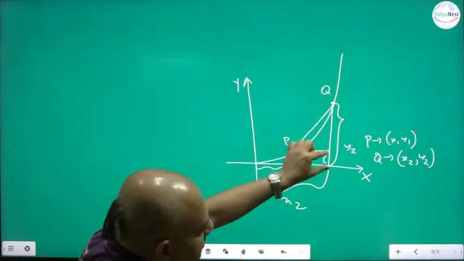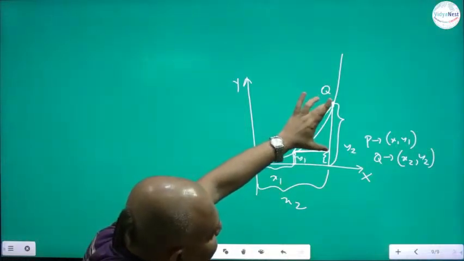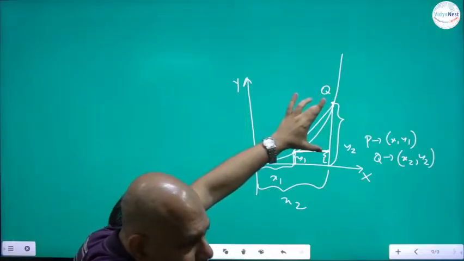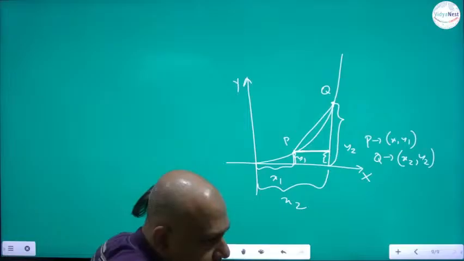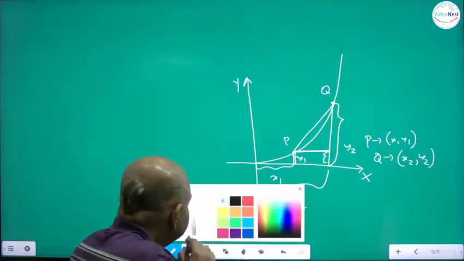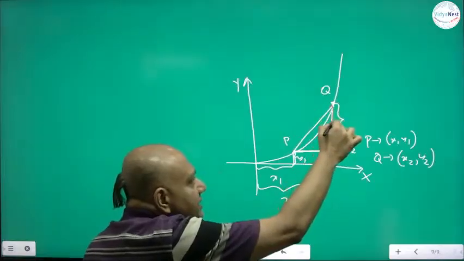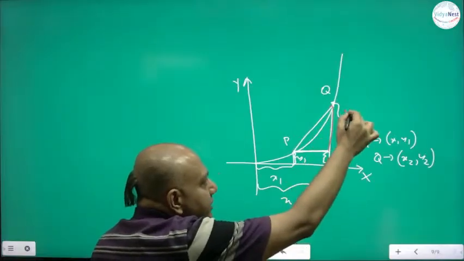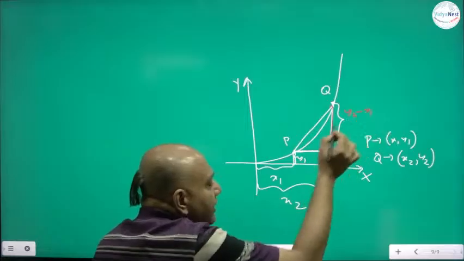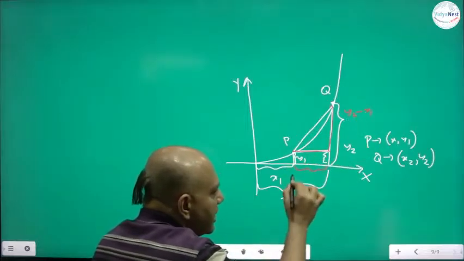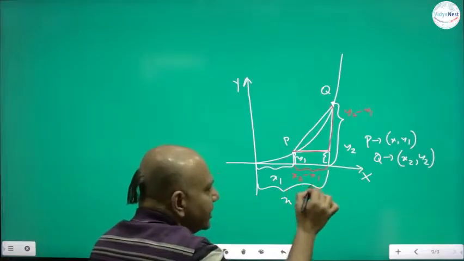So this length is what? y2 minus y1. Not understanding? Got it? Very good. So this length y2 minus y1, and this length x2 minus x1.